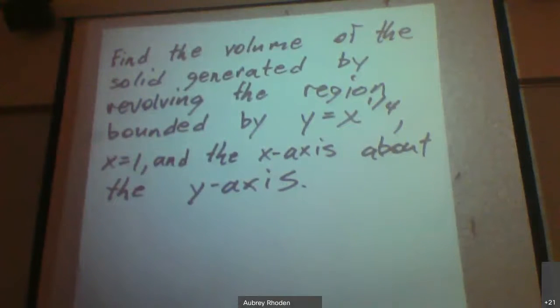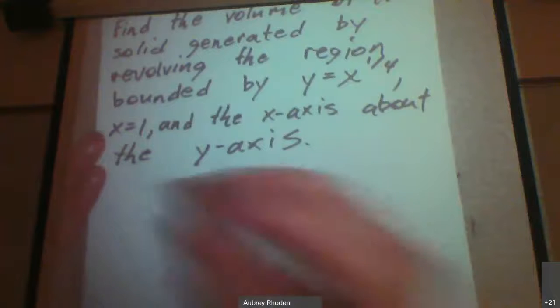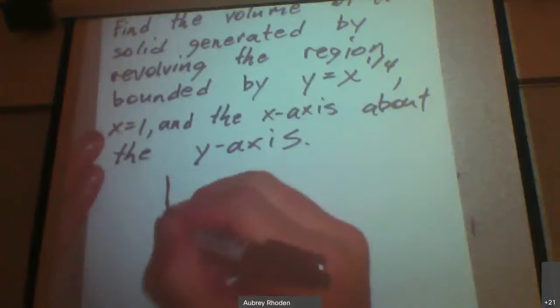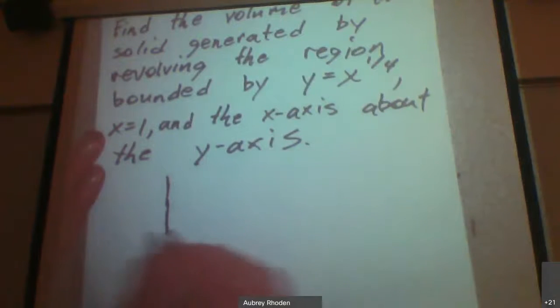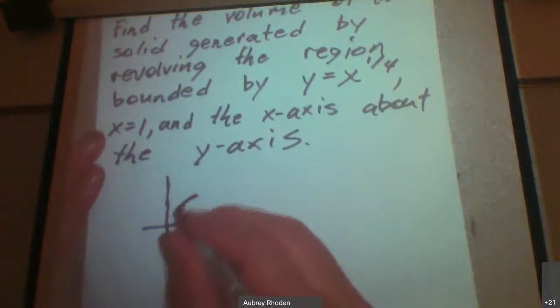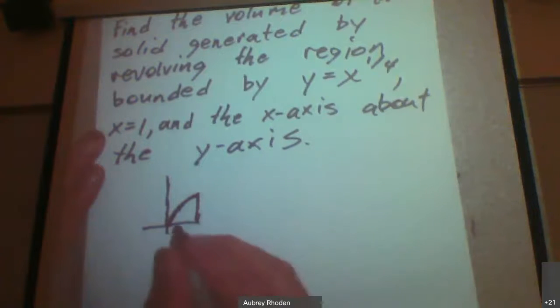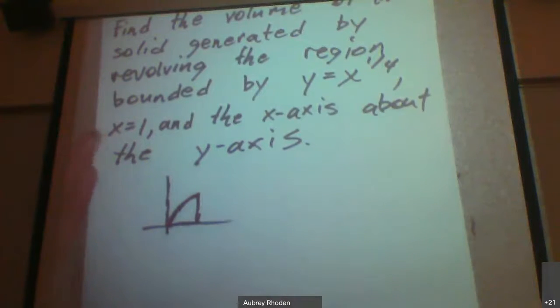So on the actual test, I give you the image. Well, what is the area that is being bounded in this case? Okay. y equals x to the 1/4, x equals 1, and the x-axis, and we're going to revolve this about the y-axis.